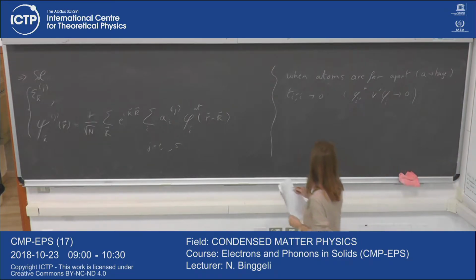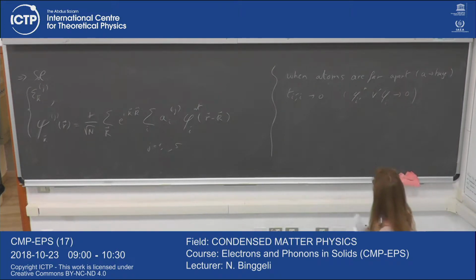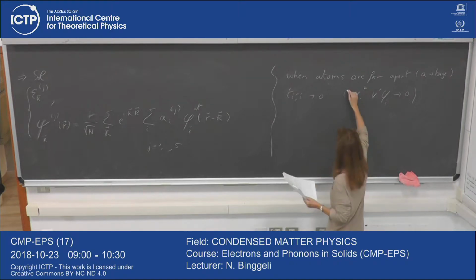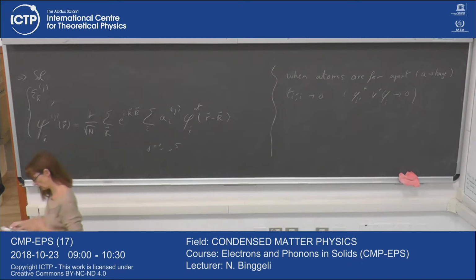And also in the case where I is equal to I prime, the crystal field goes away, and this also goes to 0 in the tight binding approach.